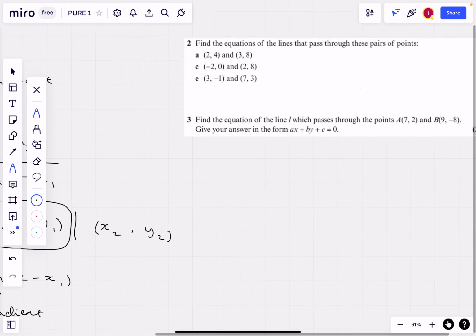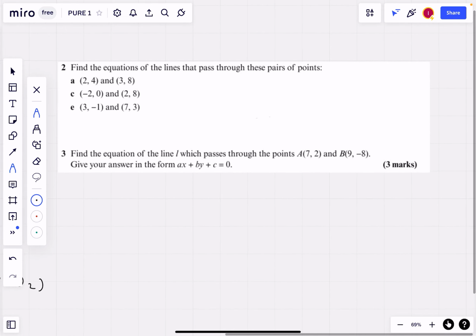So have a look at question 2a. You've been given two coordinates. You want to find the equation of the line connecting those two coordinates. We're always going to start with the gradient.